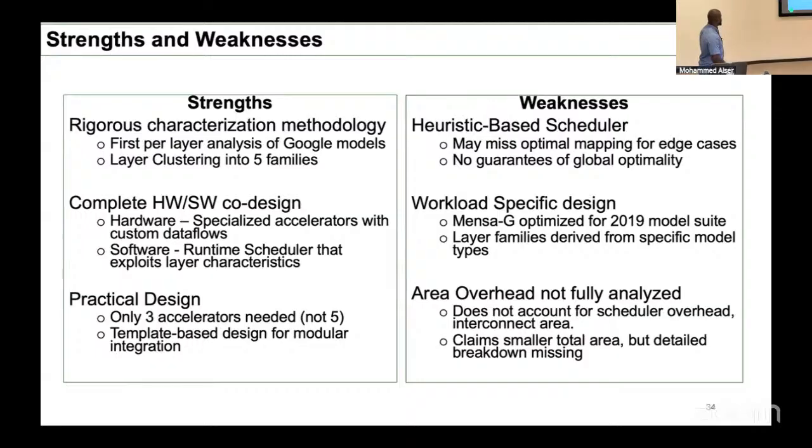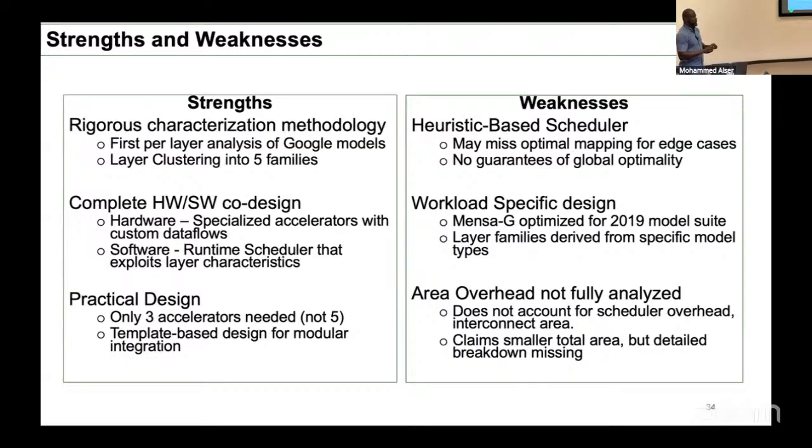For the strength of the paper, this was the first per layer analysis of Google Edge models that was presented, and they were able to show that layers, even though they display heterogeneity, actually cluster into families. And they were able to design the hardware.